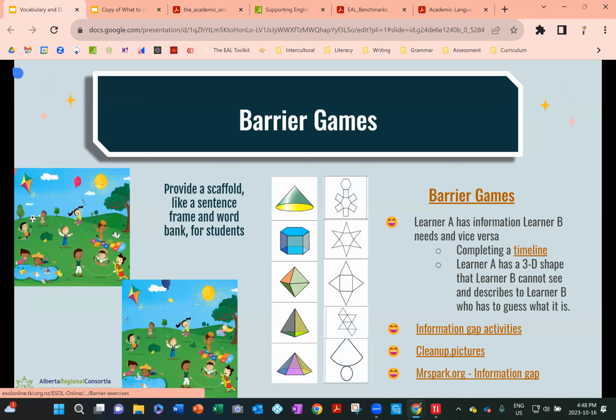There's an example of a video where one student has a graph or a series of graphs, and the other student has the description of the graphs or the scenario that led to the outcome of the graph. Then they have to try to match up those two pieces.